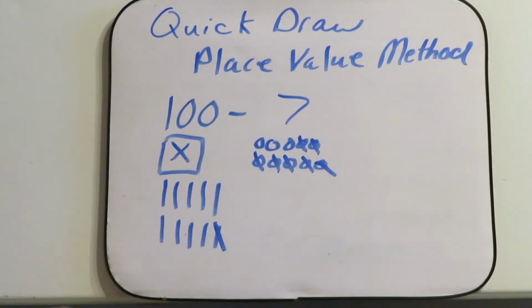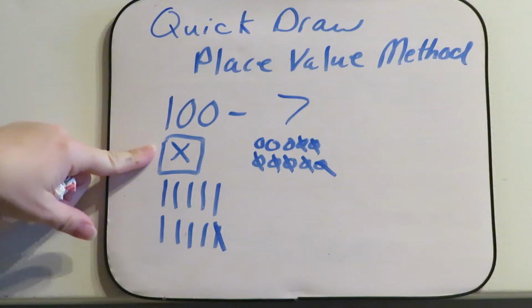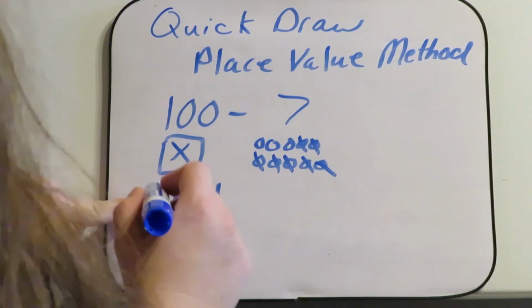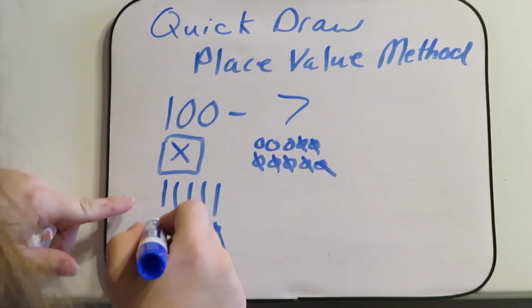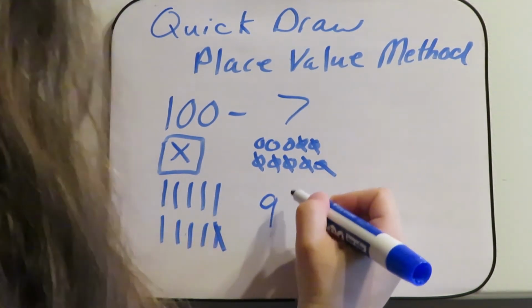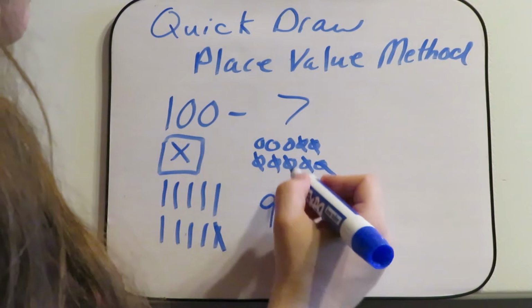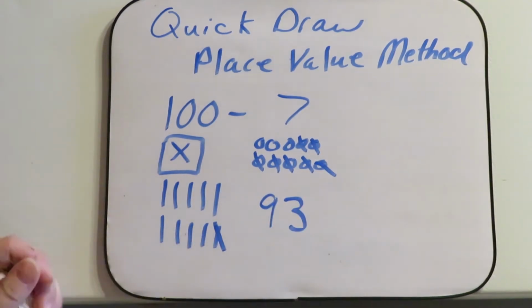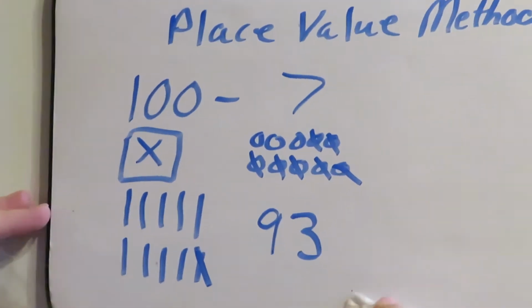And we're going to count what's left. 0 100s, 9 10s, plus 3 ones. This is a method that they teach kids to use when they're doing subtraction.